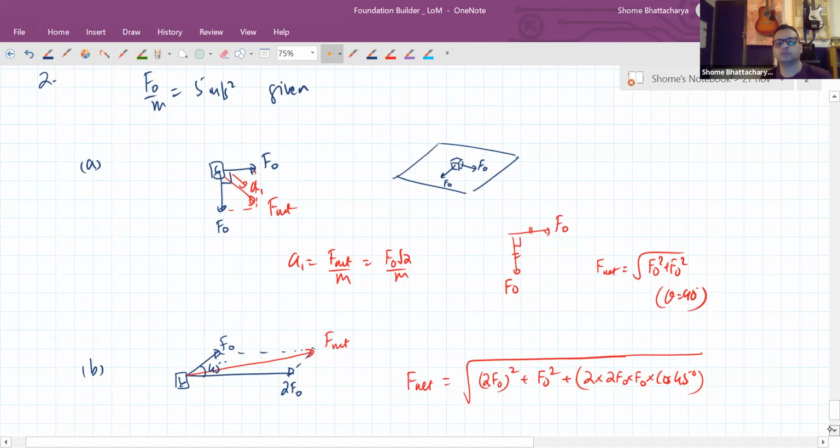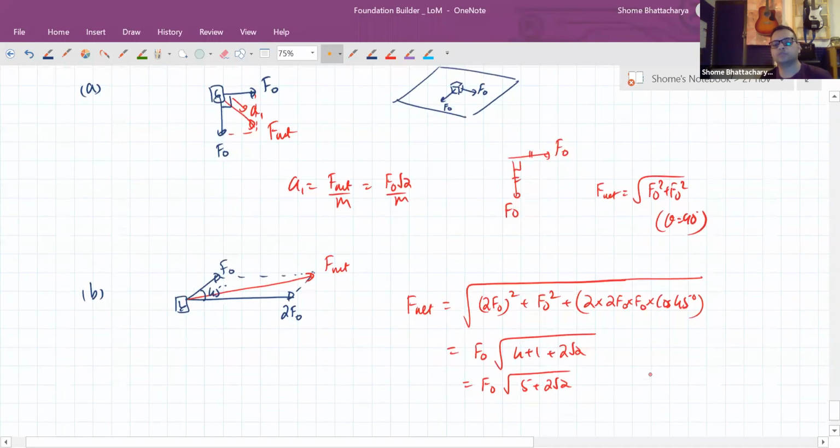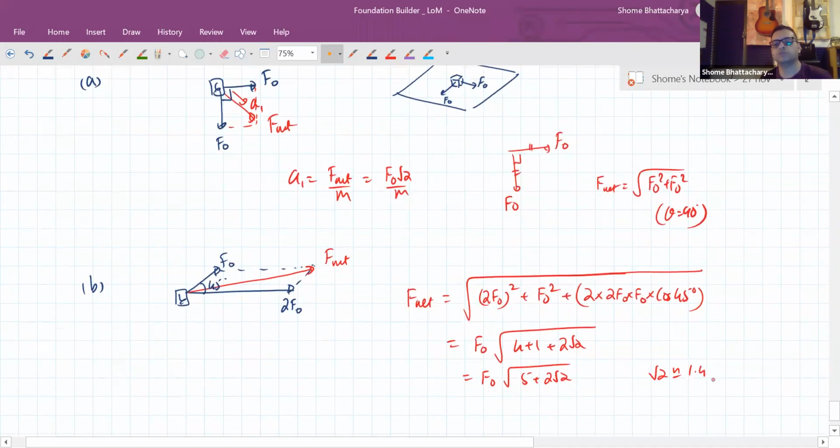So use this formula. So this will become F naught root of 4 plus 1 plus 2 root 2. That will become F naught into root of 5 plus 2 root 2. Now you do some calculation work. Okay, take root 2 as approximately 1.4.